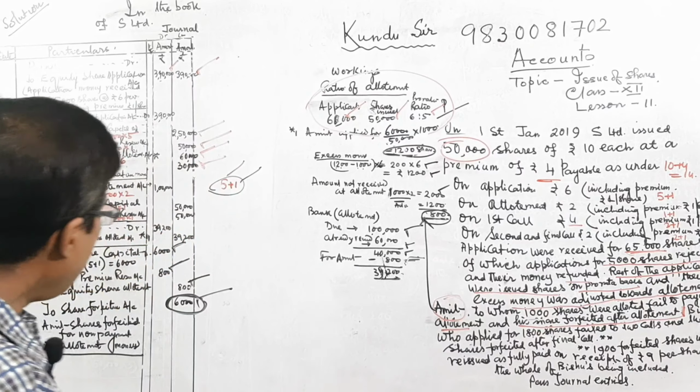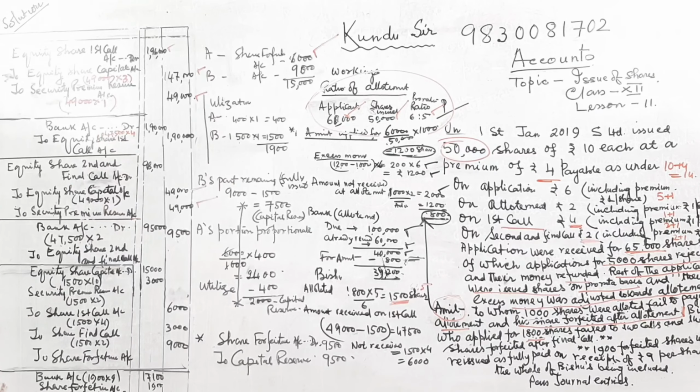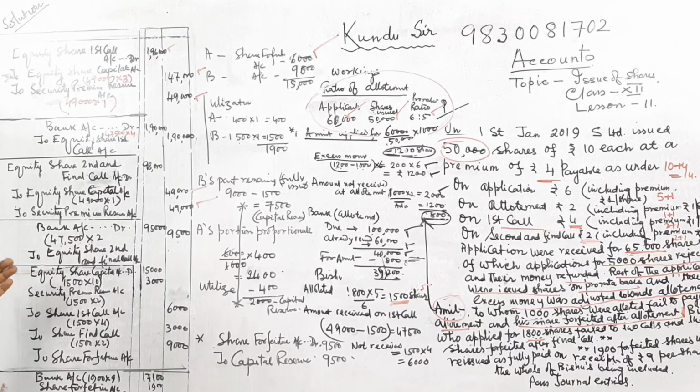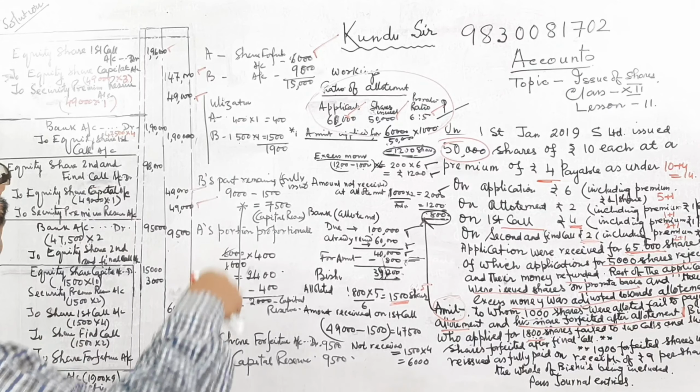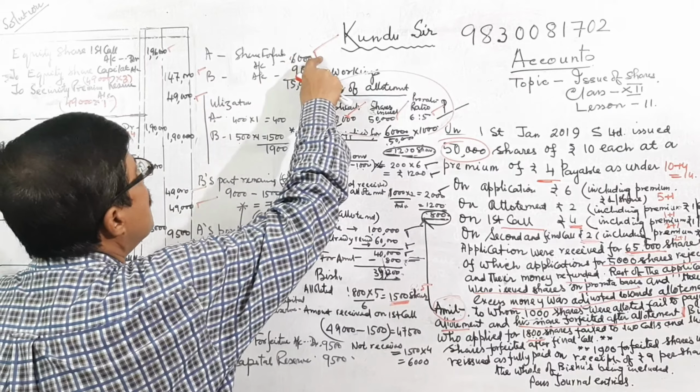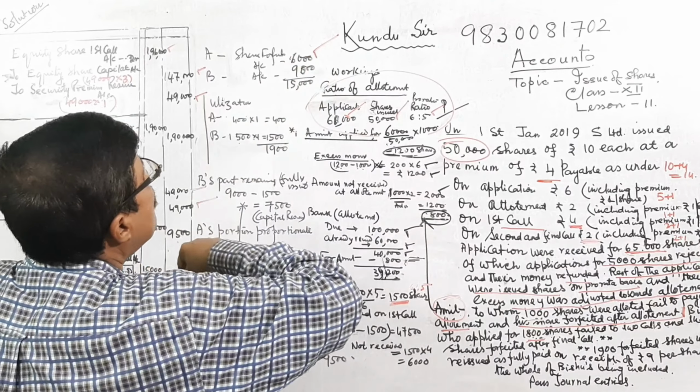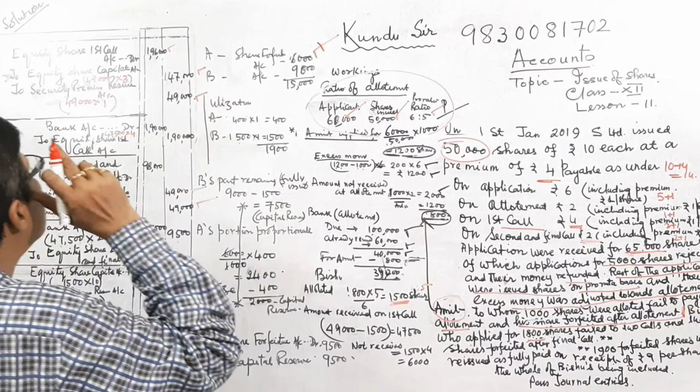Now we want to start making the due for the first call, and at the time of making the first call due for the shareholders or applicants, we are excluding Amit, because Amit's shares are already forfeited, and in the forfeiture account 6,000 rupees is lying.